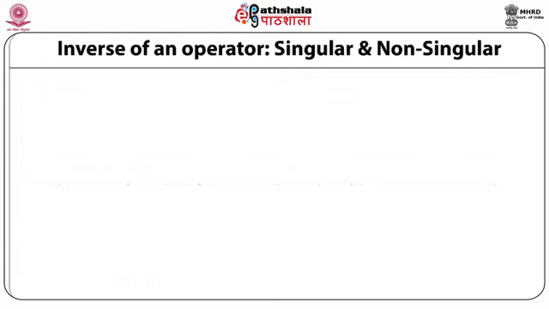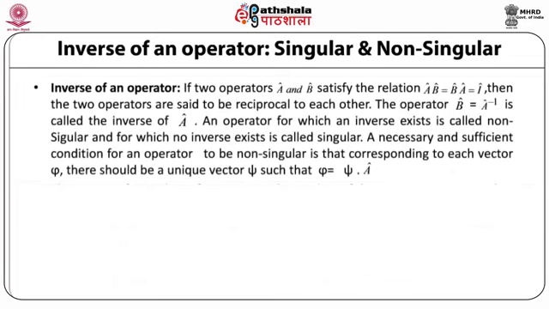Inverse of an operator, singular and non-singular. Now we define the inverse of an operator. Let us consider two operators, operator A and operator B, such that they satisfy the relation operator A into operator B is equal to operator B into operator A is equal to the identity operator I. Then the two operators are said to be reciprocal to each other.